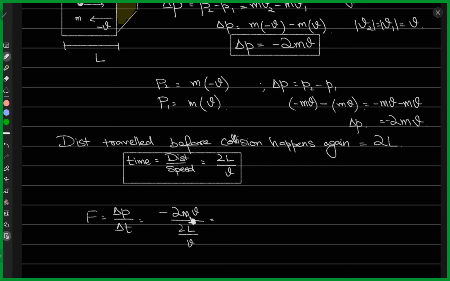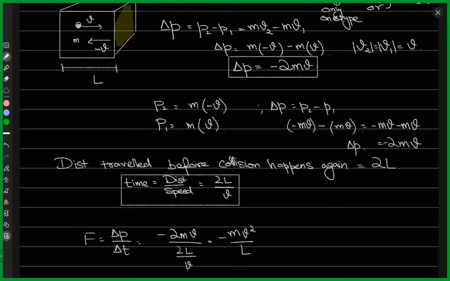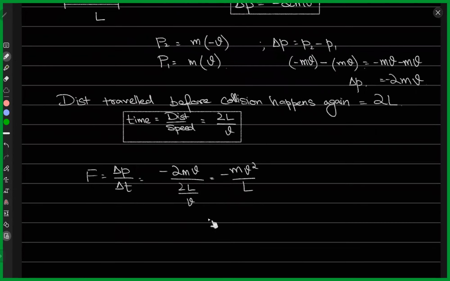I'll write this as, 2 would cancel with 2, so this would become mv squared by L. And we have a minus sign, but because the force would be exerted in both directions, on this wall and then on the other wall as well, we can write it as an absolute value of the force, which is mv squared divided by L.